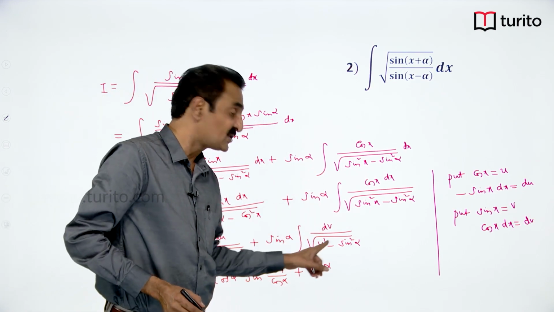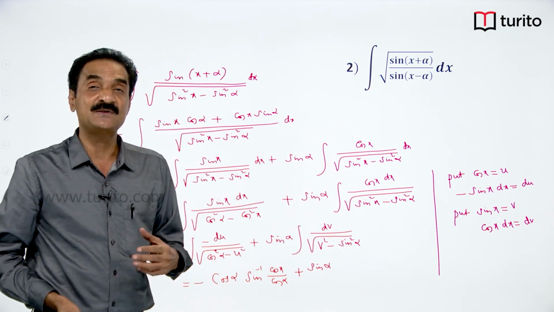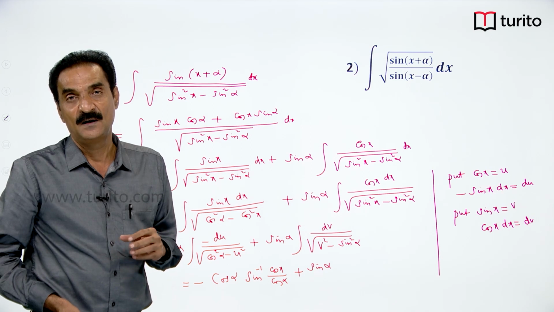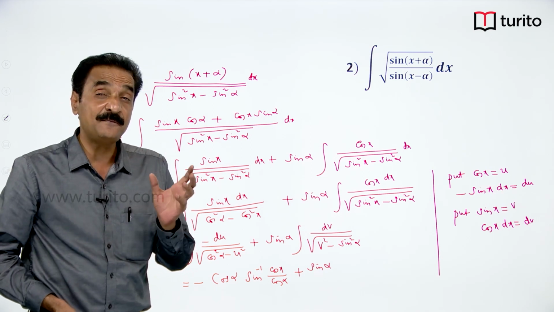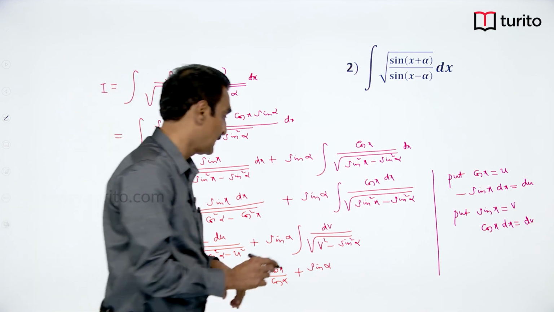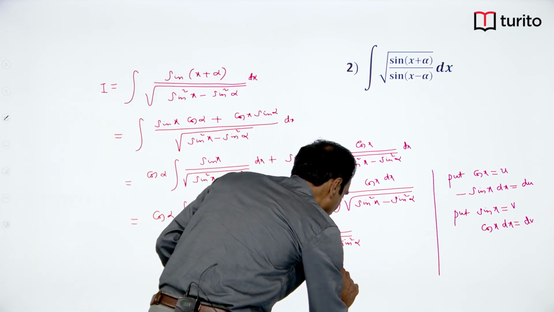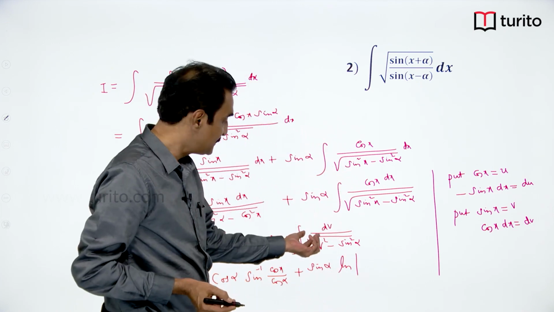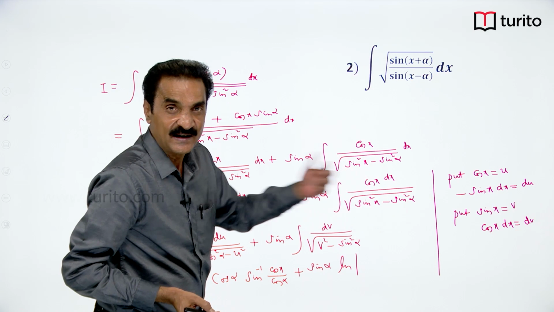Integral 1 by root over x square minus a square. What is the formula? Cos h inverse x by a, or we can write it as log of x plus root over x square minus a square. I will write logarithm. Log of mod x plus means v plus. What is v? Sin x.